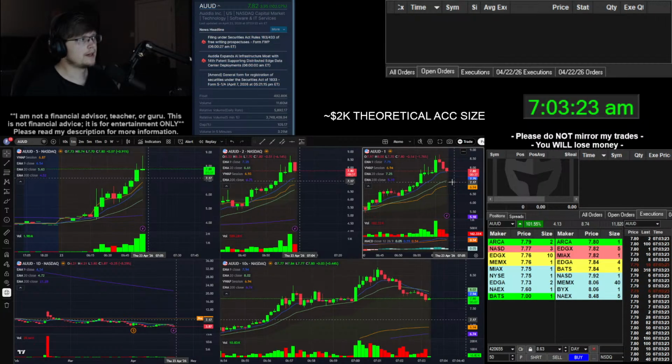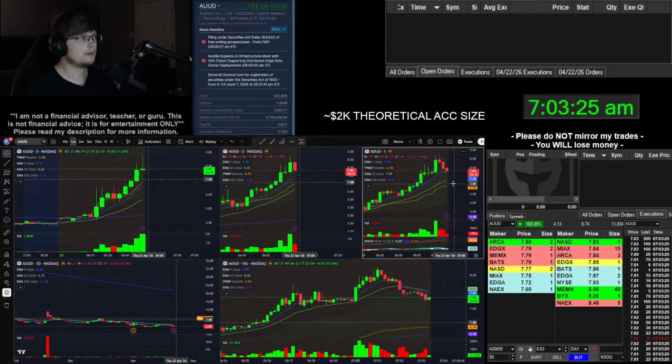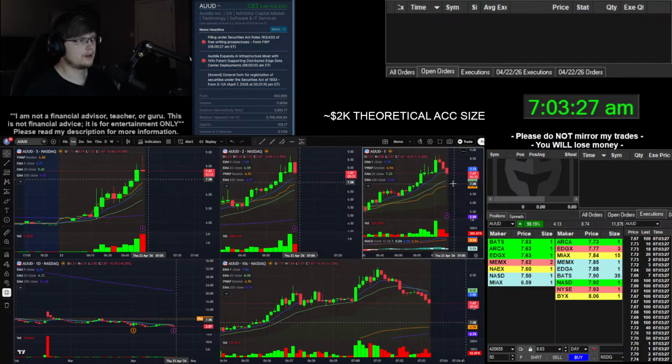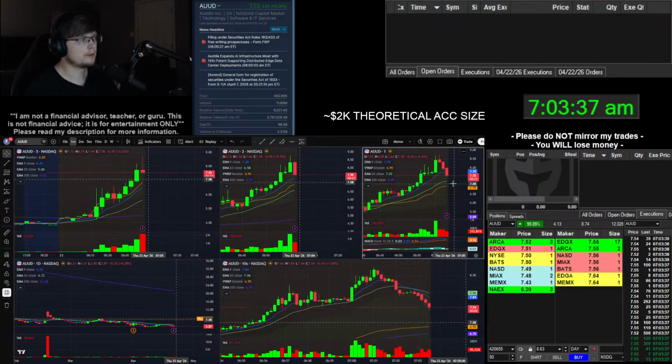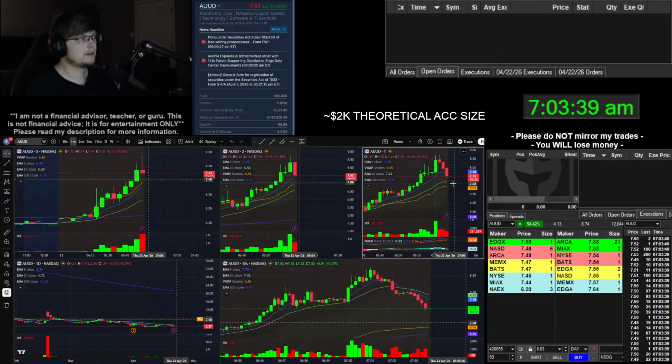So with the strategy that I was trading yesterday and before, when I updated my position management for scaling, the plan was that the maximum position size would be 3%. 3% of a $2,000 theoretical account size would be, for example, 60 bucks.